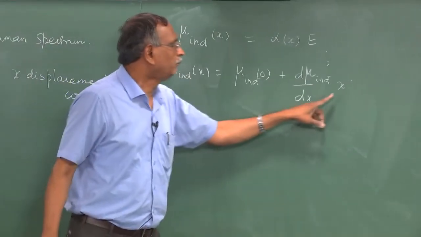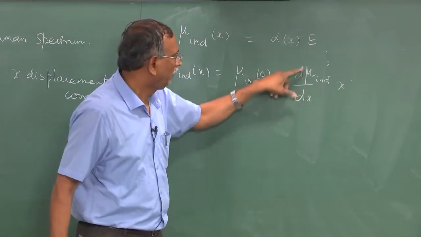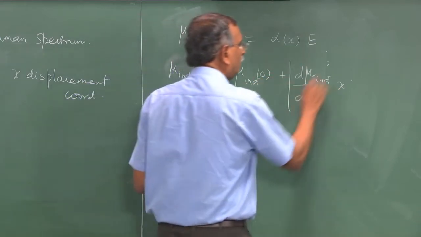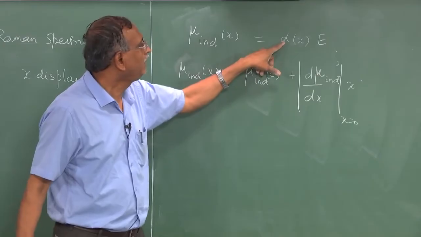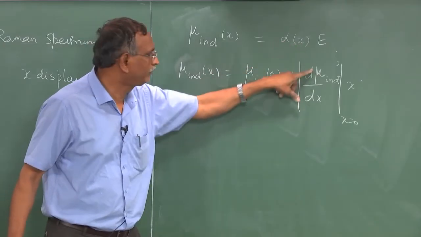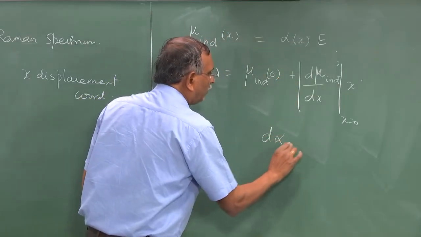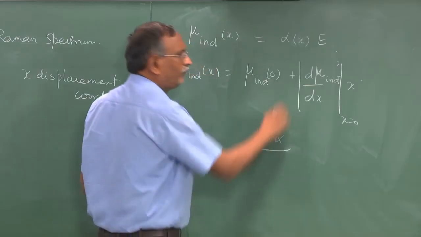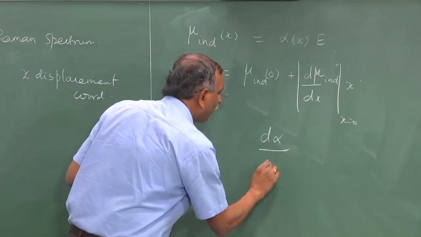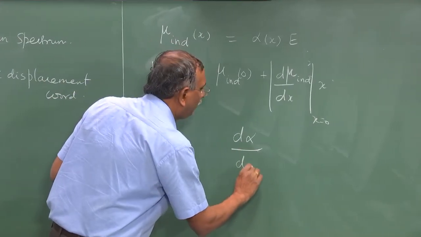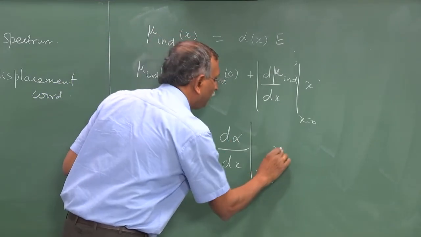So the molecular property that is responsible for vibrational motion is again this rate of change of the d mu induced evaluated at x equal to 0, which contains essentially the rate of change of alpha with respect to x. If you substitute that, you are going to get d alpha by dx, taking the scalar quantity, with respect to x equal to 0, multiplied by dx.